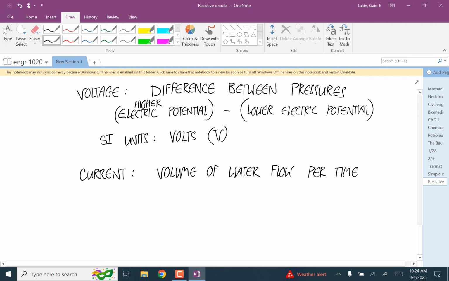And it is always going to flow from the higher electric potential toward the lower electric potential.